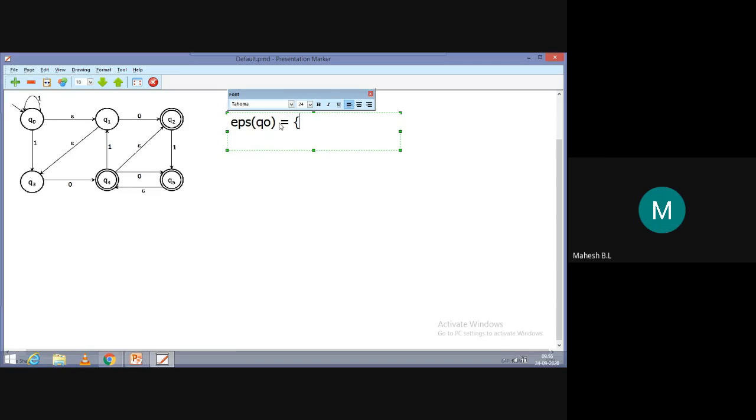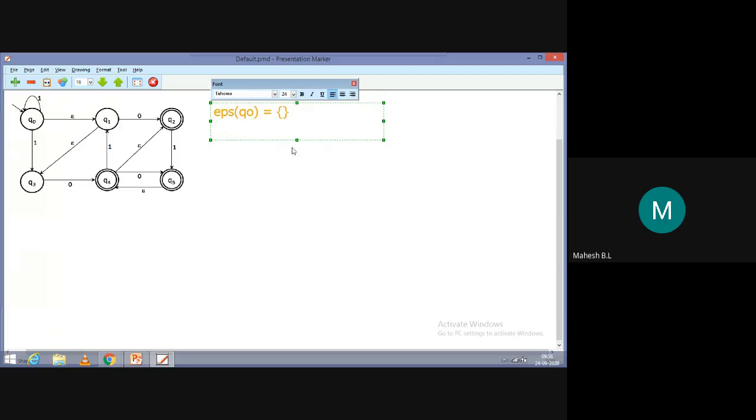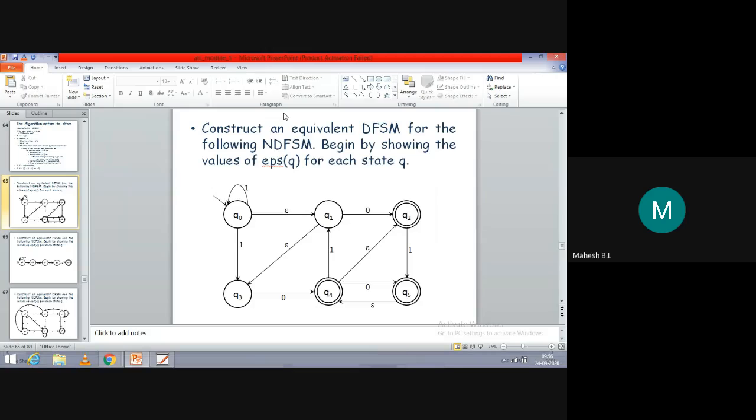What is epsilon of Q naught? Just now I explained how to compute epsilon of a state. Now for this example, tell me what is epsilon of Q naught.